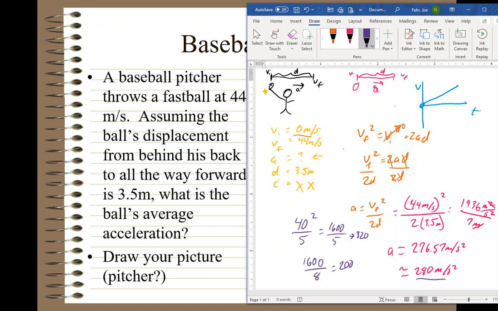Remember, that's about 100 miles an hour in a very, very short time. So that acceleration is going to be really, really large. Is it going to be 280? I don't know. It's going to be more than 5 or 10. So it's not unreasonable. Is it reasonable? We'll see with other ones as we continue through.